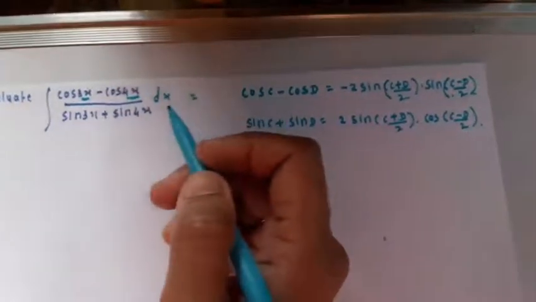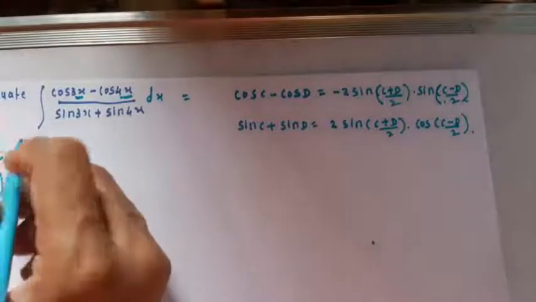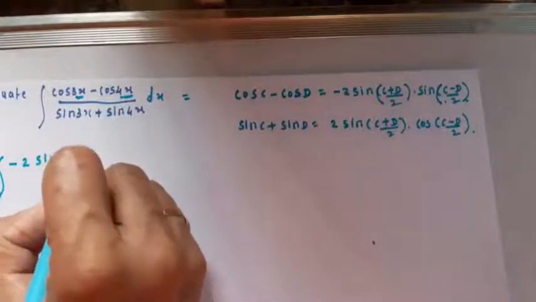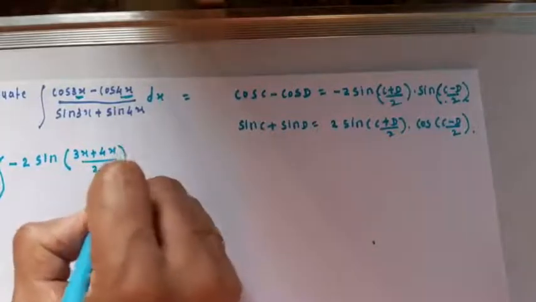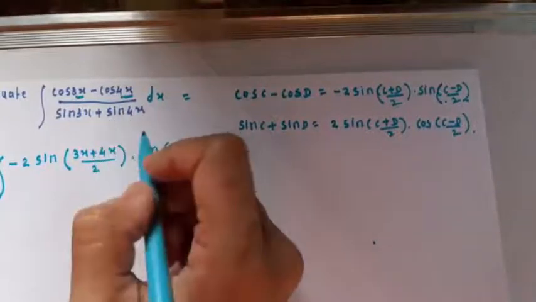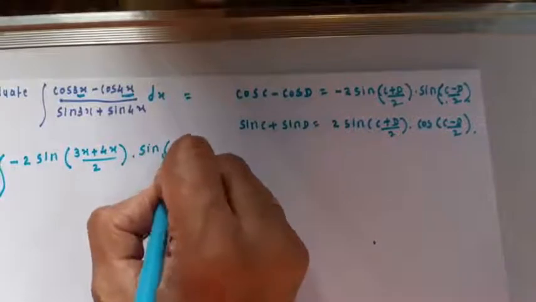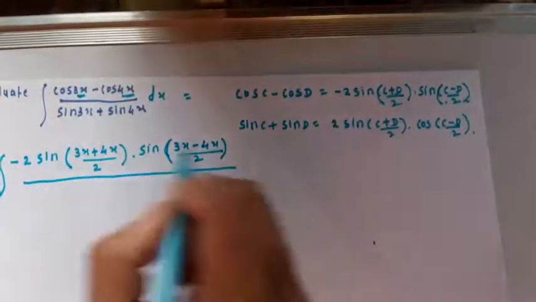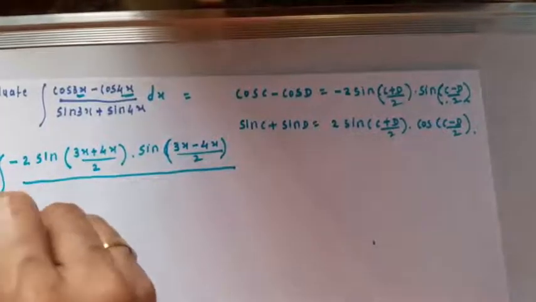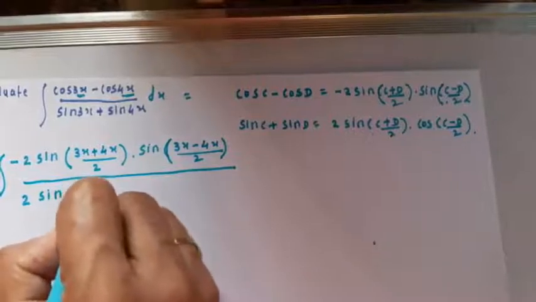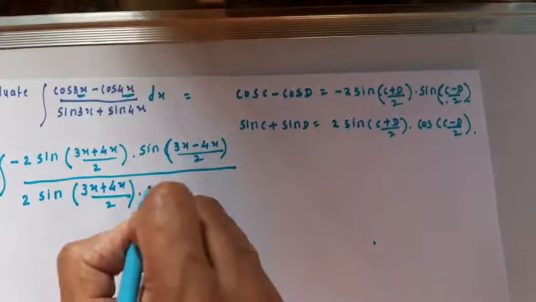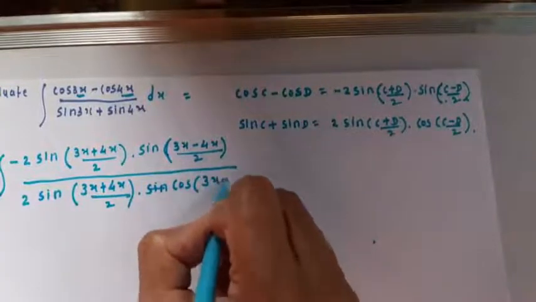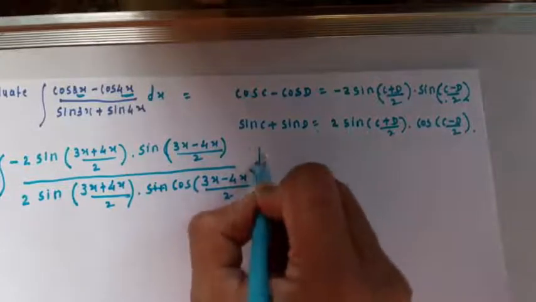Therefore this is equal to integration of minus 2 sin((3x plus 4x) upon 2) into sin((3x minus 4x) upon 2), upon the denominator formula for sin c plus sin d, that is 2 sin((3x plus 4x) upon 2) into cos((3x minus 4x) upon 2), whole with respect to x.